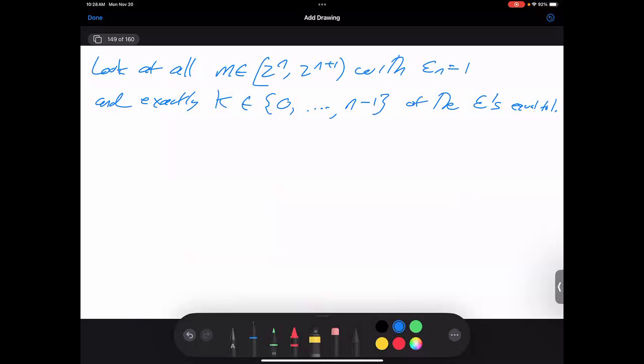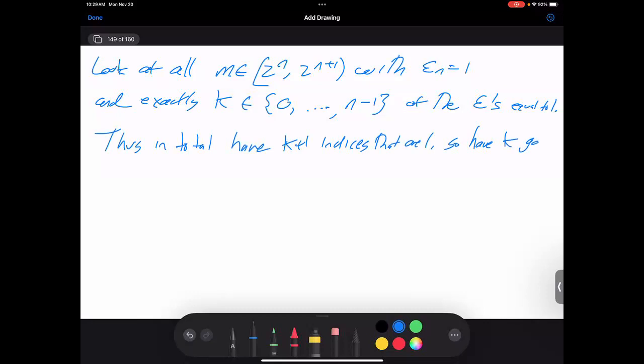So we look at all of the m's that have exactly k ones among the indices from 0, 1, 2, all the way up to n minus 1. If I have exactly k of the indices from 0 to n minus 1 that are 1, how many indices in total are 1? We have k plus 1 indices that are 1, so we have k gaps.